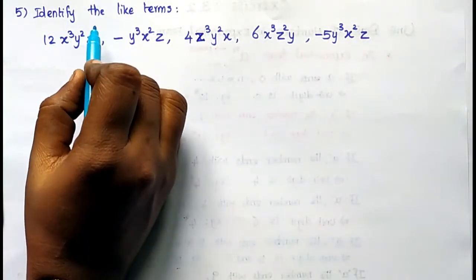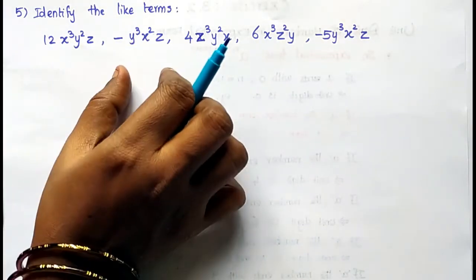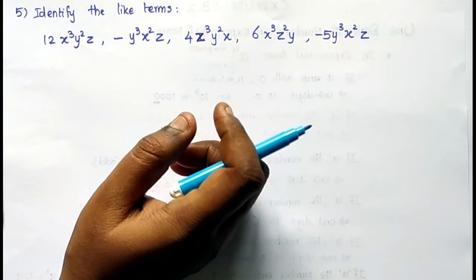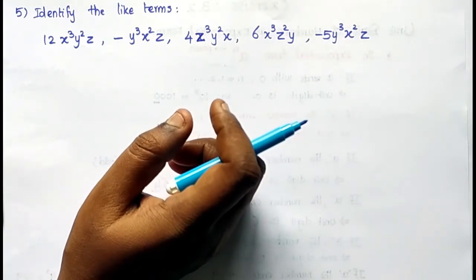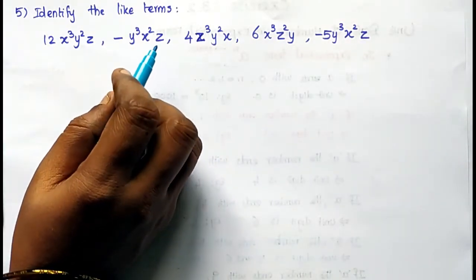Fifth one, identify the like terms. Listen, they gave the terms. In that, what are like terms? The terms that contain the same variables are called like terms. Listen, the same variables with the same powers also.